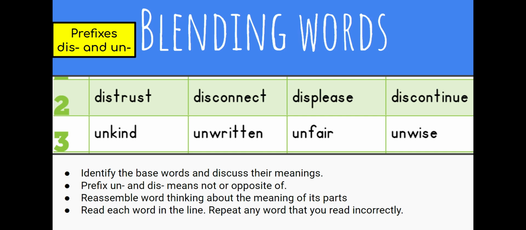So it is now not linked, because connect means to link or put together. Please, if you are pleased with something, you are happy or satisfied with it. If you are displeased with something, that means the opposite of please. It means you are not pleased. Continue. When you discontinue, yes, it's the opposite of continue.